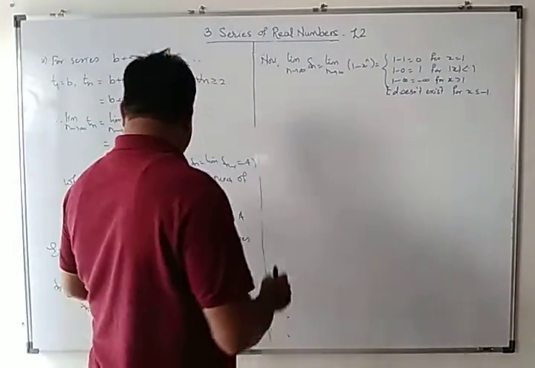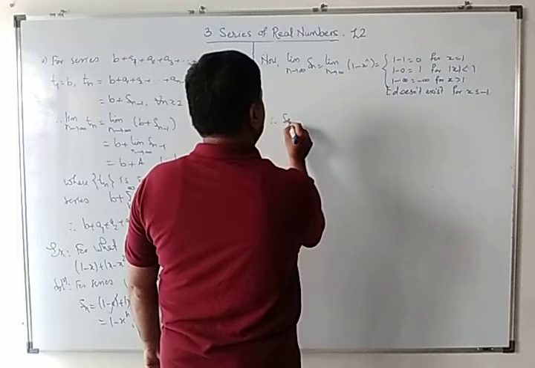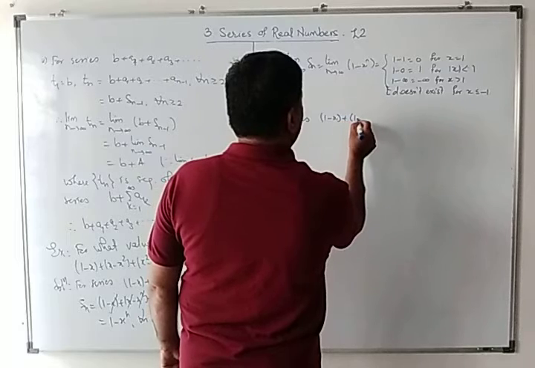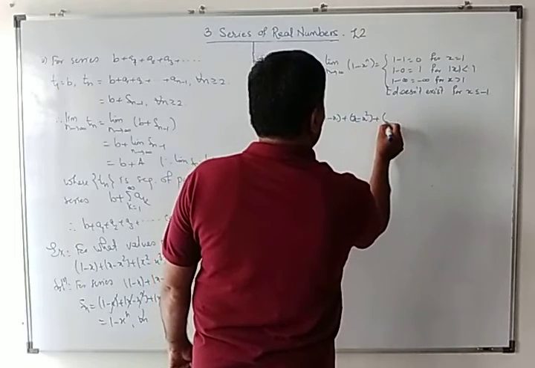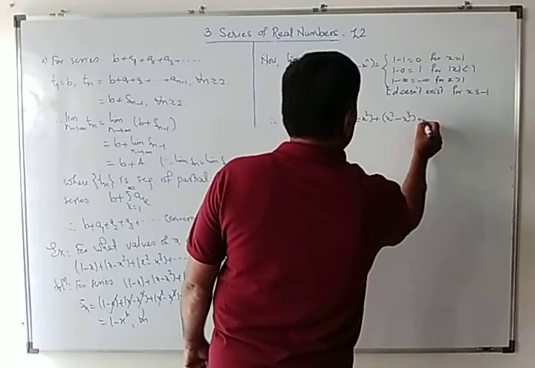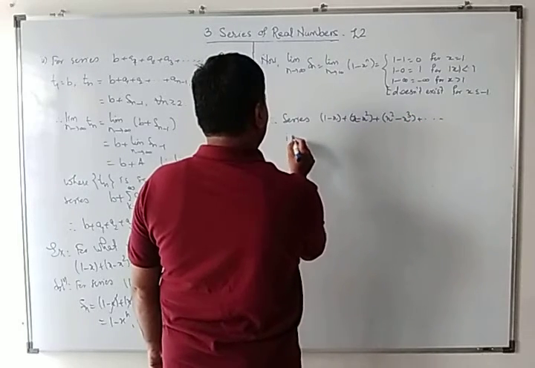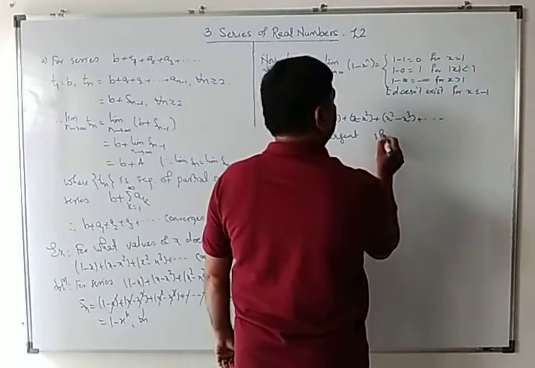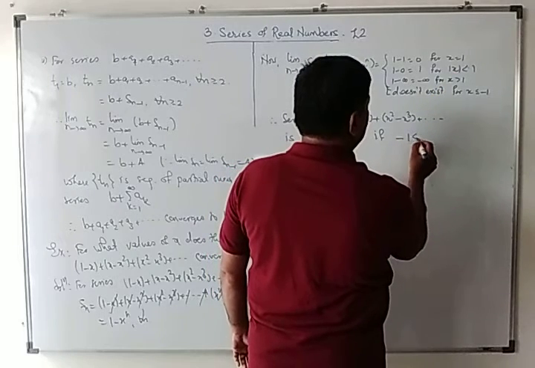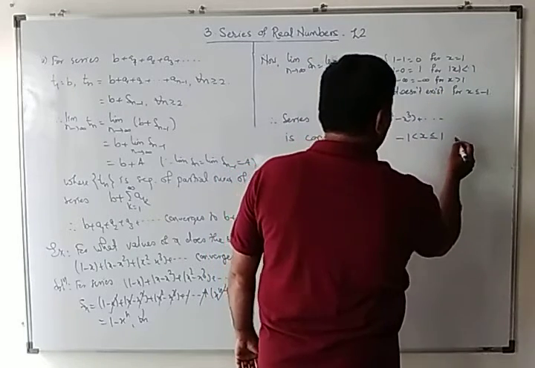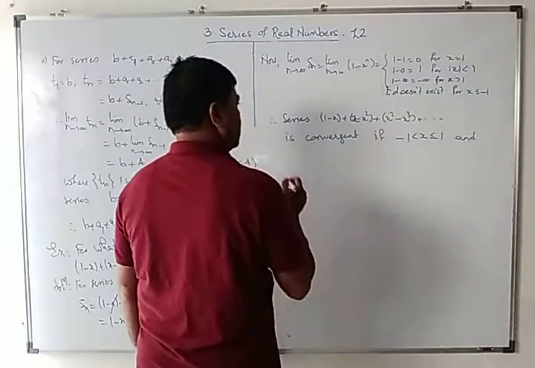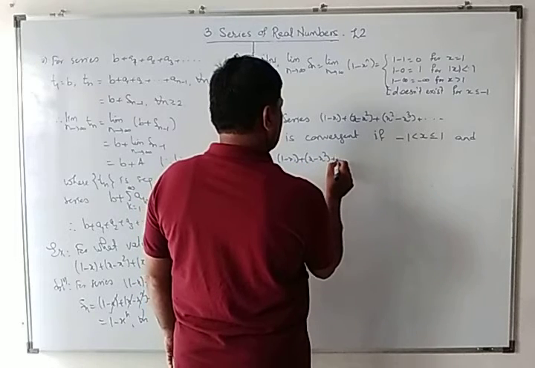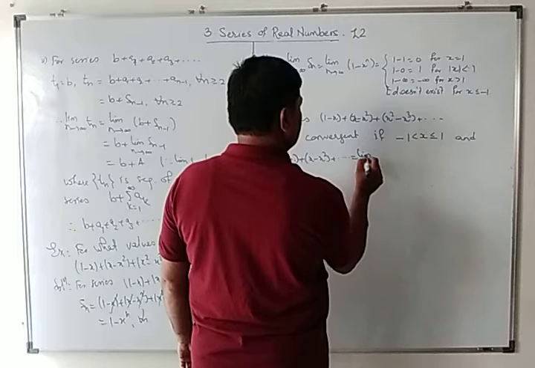Therefore, the given series 1 minus x plus x minus x square plus x square minus x cube plus dot dot etc. is convergent if minus 1 less than x less than or equal to 1, and 1 minus x plus x minus x square plus dot dot etc. is equal to limit of Sn.